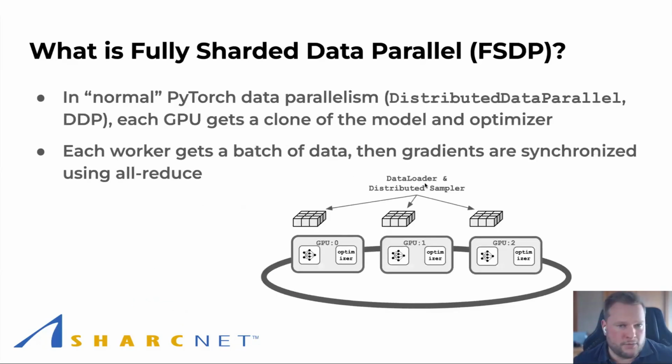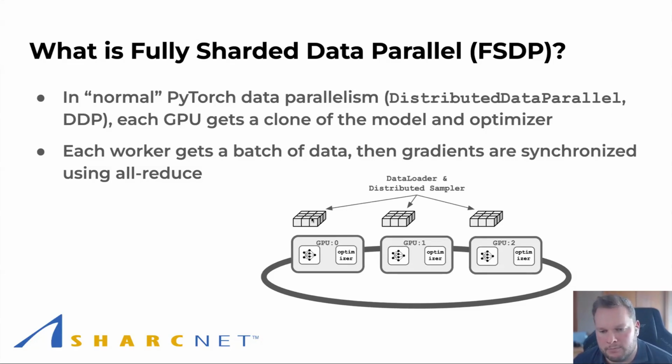So what is FSDP? In "normal" PyTorch data parallelism, that is distributed data parallel or DDP for short, each GPU gets a clone of the model and the optimizer. And then each worker gets a batch of data, and then gradients are synchronized using an all reduce across them.